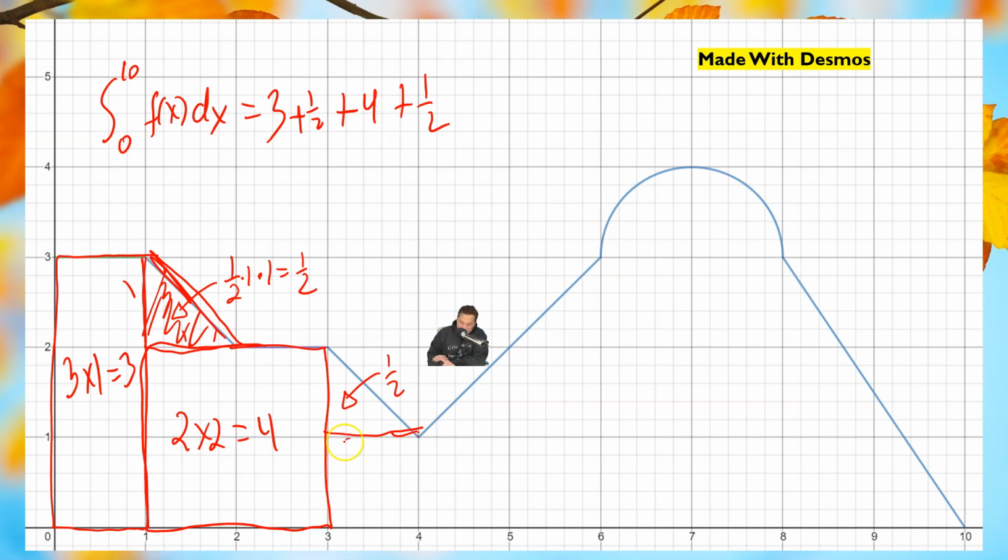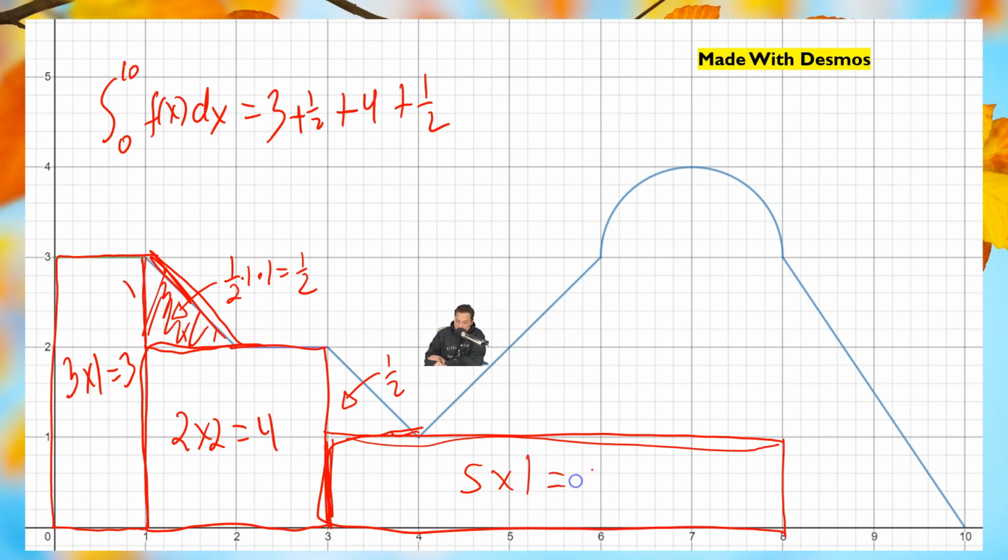I could, if I wanted to, recognize this whole strip here as just a rectangle. When I calculate this one, I look at the base. The base is 8 minus 3, which is 5. So 5 units in the base. And I'm going to multiply by the height, which as you can see is just 1 unit. So it's 5 times 1, which is 5. And I add that to the sum that I'm forming up top.